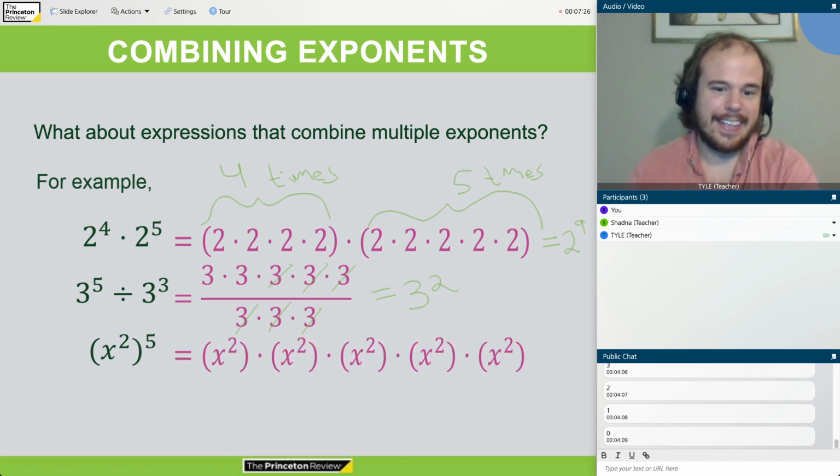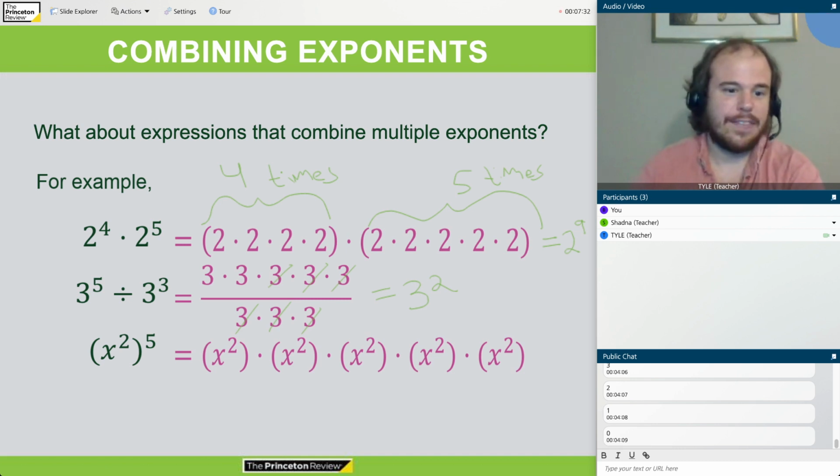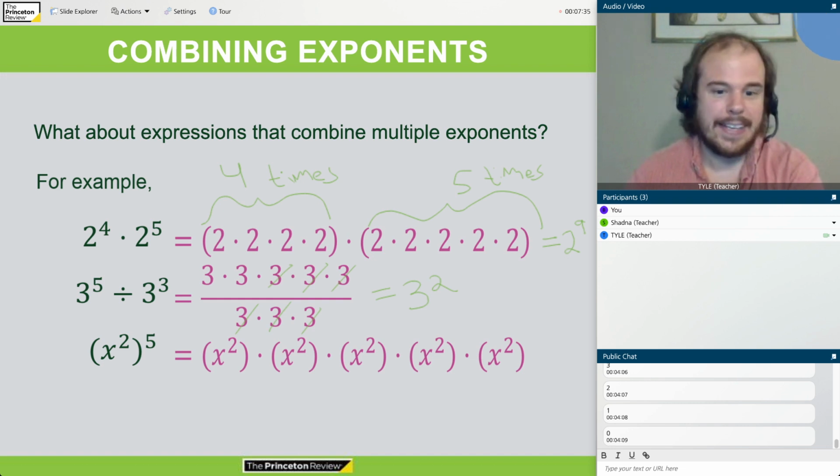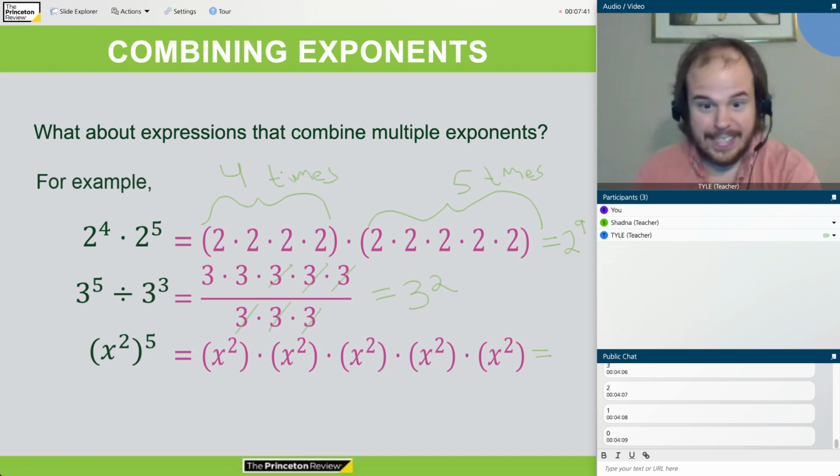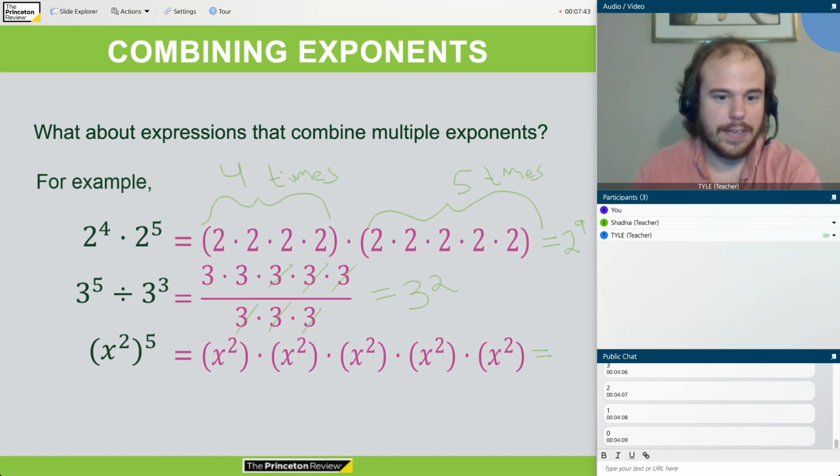The base is x squared, itself involving an exponent, and the exponent is 5. If we count up how many total x's are getting multiplied here, 2 for each of these x squared expressions, that's a total of x to the 10th.